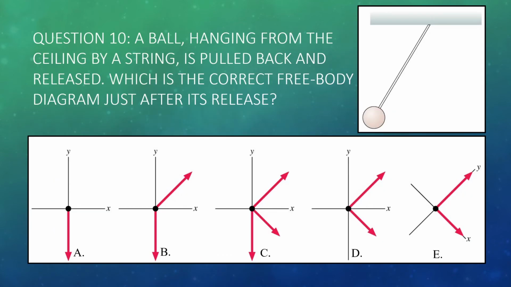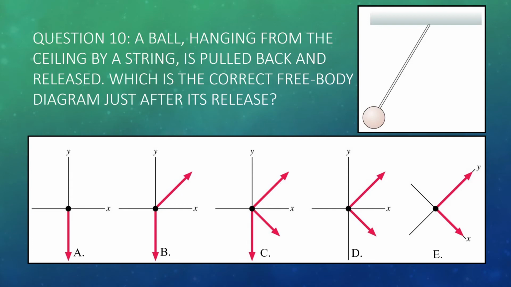Next question. A ball is hanging from the ceiling by a string. It is pulled back and released. Which diagram below is the correct one just after the ball has been released? Like you can see on the image on the top right. All right.